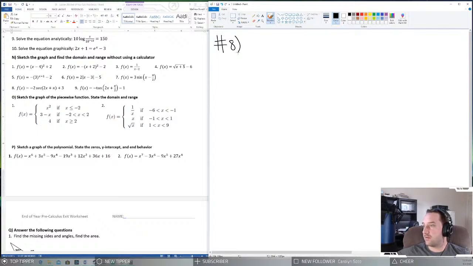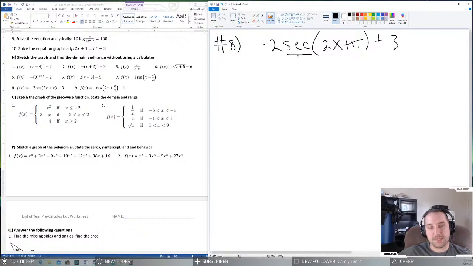So I have negative 2 secant of 2x plus pi, and then plus 3. So it's secant. Secant, in my brain, I need to think of it in terms of cosine for now. So that's going to be what the parent graph is. I have an amplitude of 2.